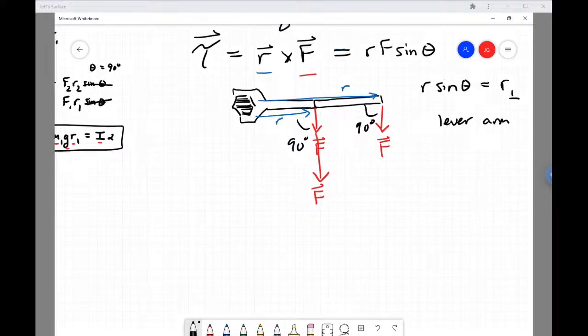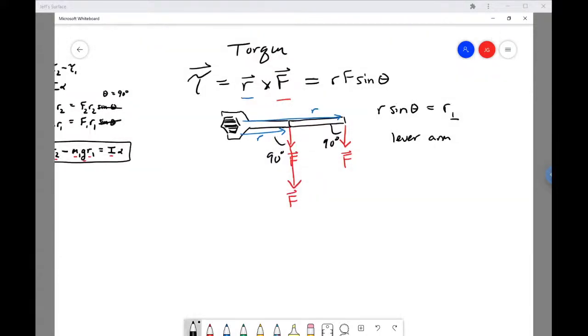And let me draw another situation. So all right, the same scenario. You got a nut that you're trying to loosen with a wrench, but instead of pulling perpendicularly or pushing perpendicularly, let's say you push at an angle.